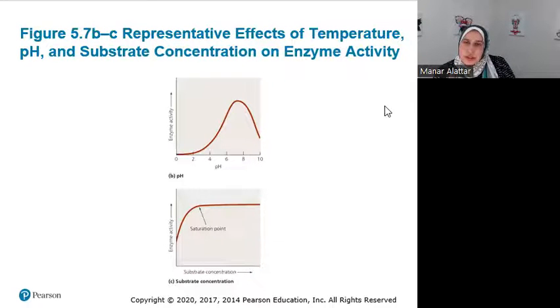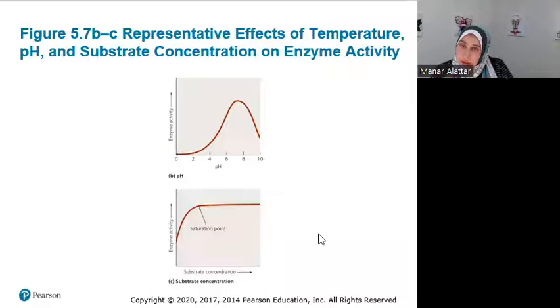Some other examples of factors that will impact enzymatic activity is, for example, the saturation of the substrate. At one point, you have so much substrate, or the reactant that's being used in that reaction, that it'll basically plateau the activity of those enzymes.